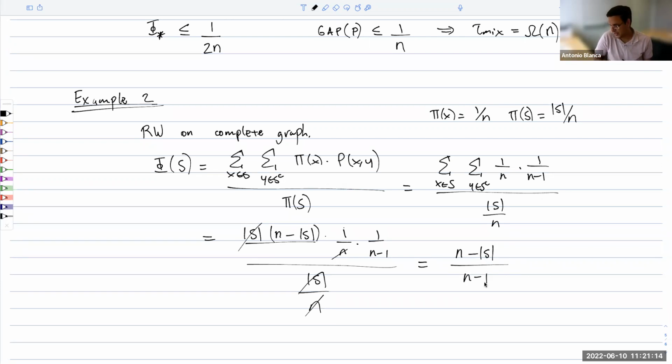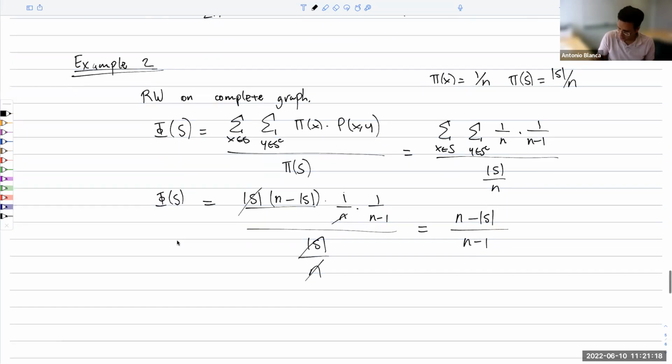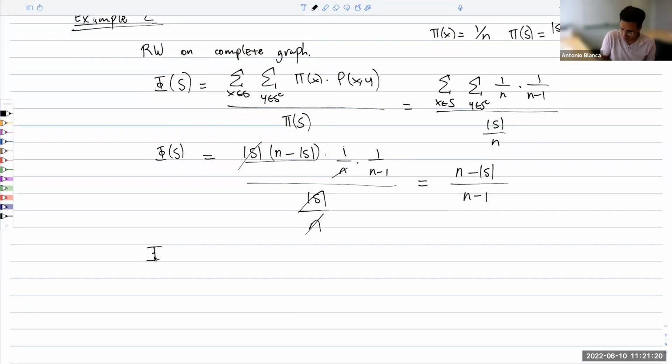And this is an equality, right? For this case, we can get the conductance of S exactly. If we're looking at the conductance of the chain, which is the minimization, the minimum corresponds to the minimum over S such that the probability of S is less than or equal to 1/2, right? Well, we know that the conductance of S is just n minus S over n minus 1, right?